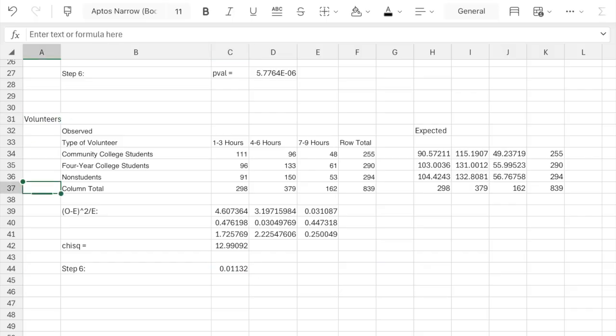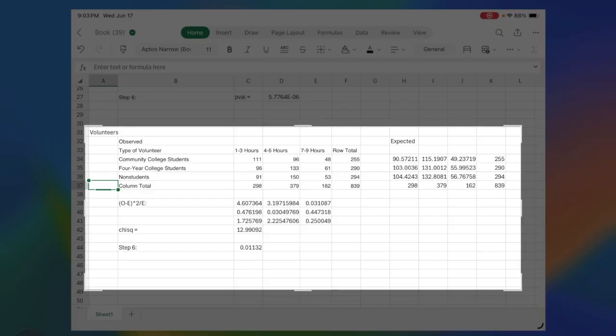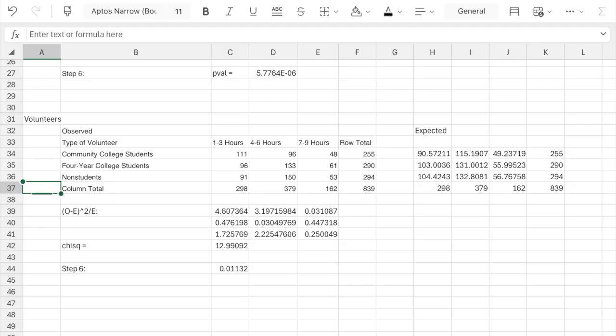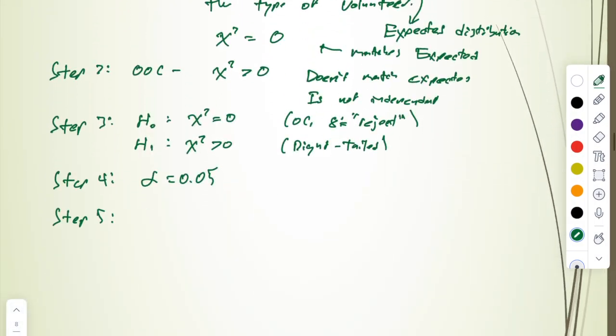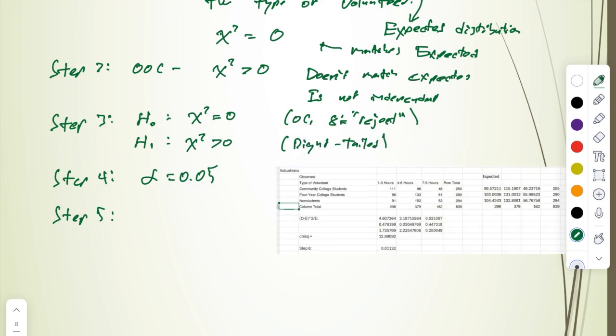All right, let's go ahead and screenshot this. And there we go. Copy and delete. Come back over here. Paste. There we go. All right.